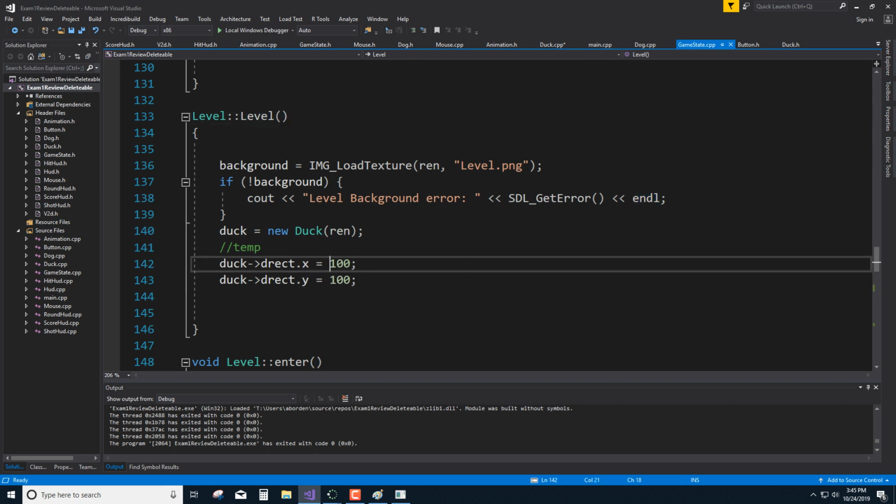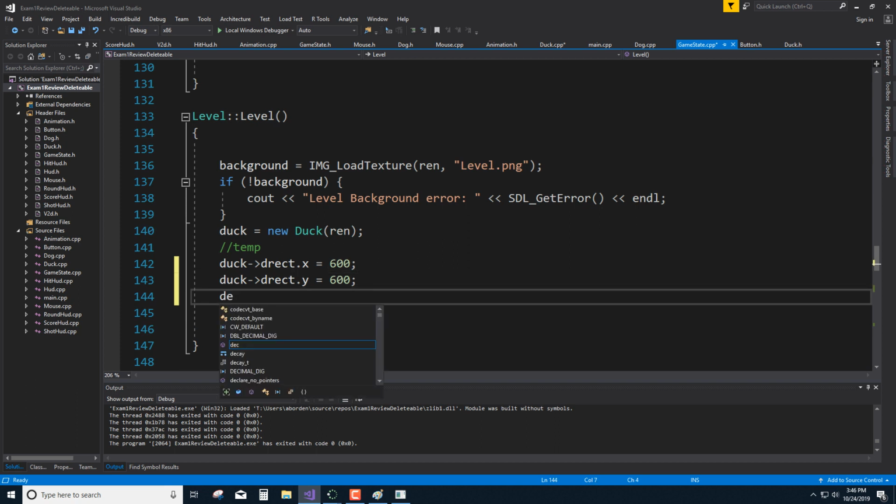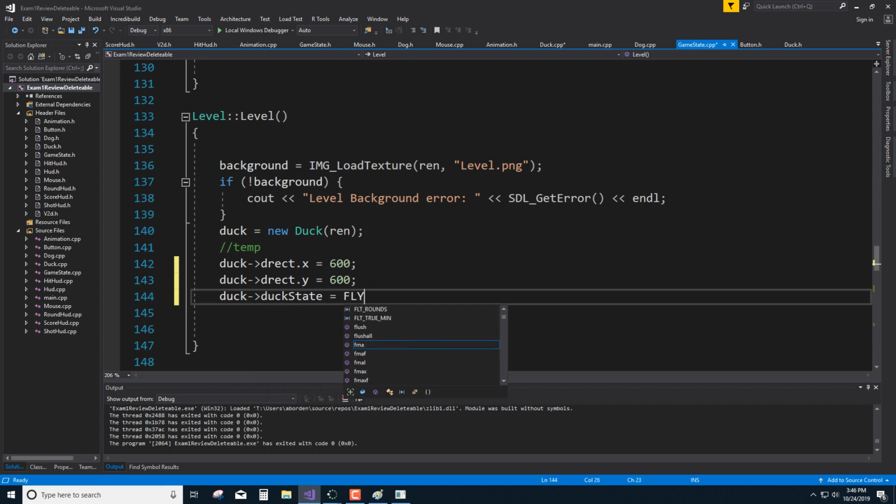We set his position down here. We can scoot him over a little bit and set him down towards the bottom. And we can set his state to fly away. Duck state equals fly away.